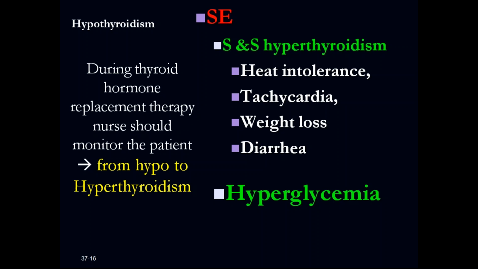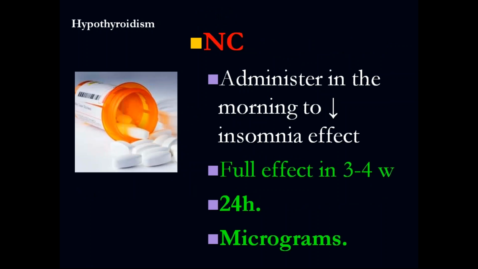Heat intolerance, tachycardia. So remember your clinical history about the heart. Weight loss. This medication was used a long time ago to lose weight, but not anymore. It can produce diarrhea and hyperglycemia.